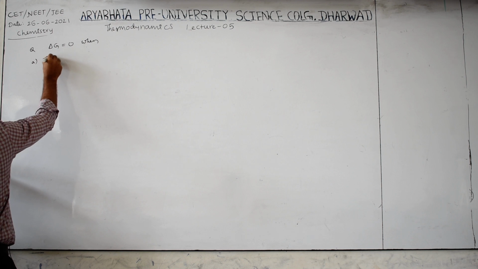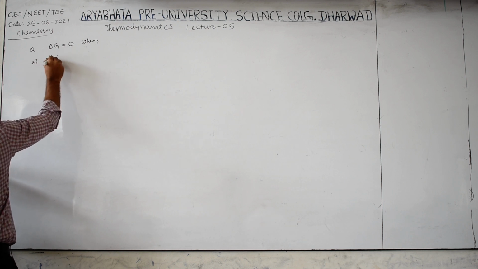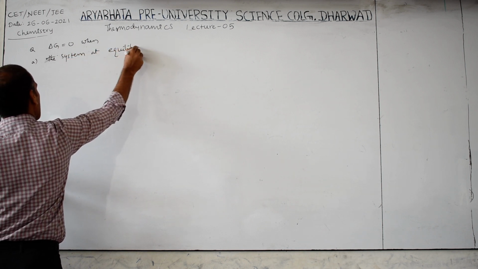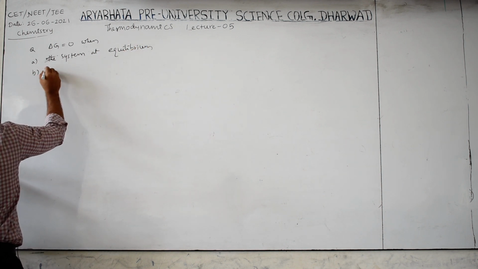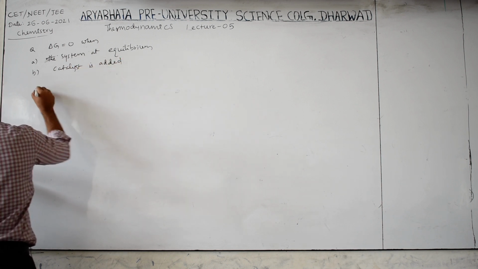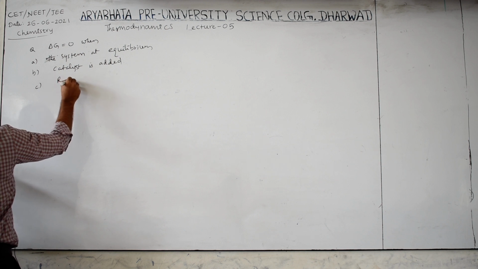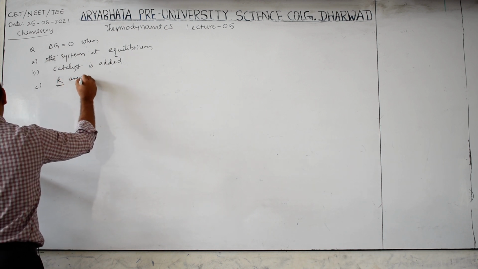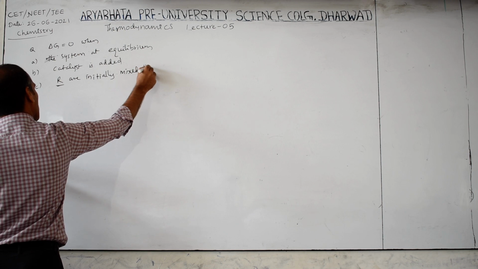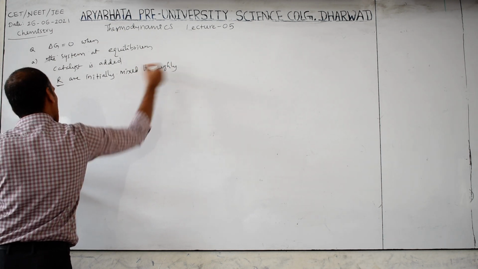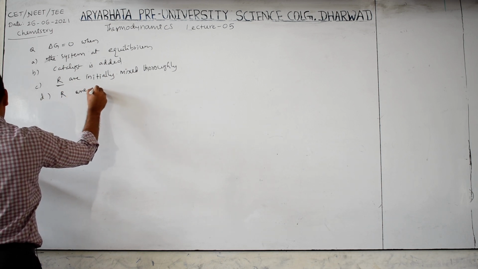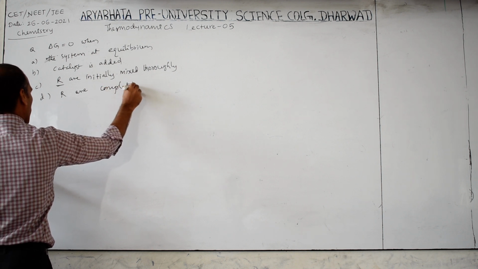Option A, the system at equilibrium; B, catalyst is added; C, reactants are initially mixed thoroughly; D, reactants are completely consumed.